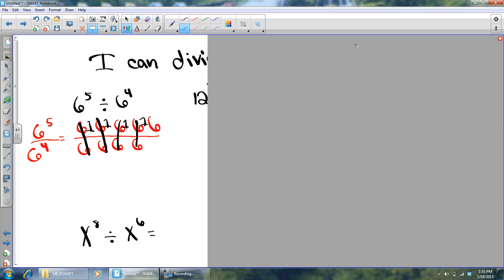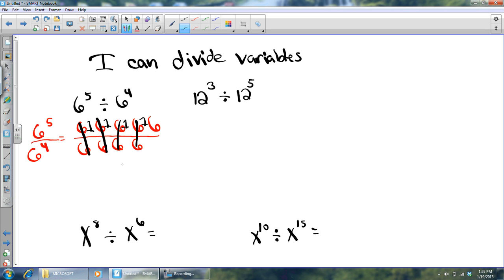And so what I really have in my numerator is 1 times 1 times 1 times 1 times 6. In the denominator, it's all 1's, so it doesn't do any good to even write it down. And that'll simplify to plain old 6. Or you might think about it as 6 to the 1st power.